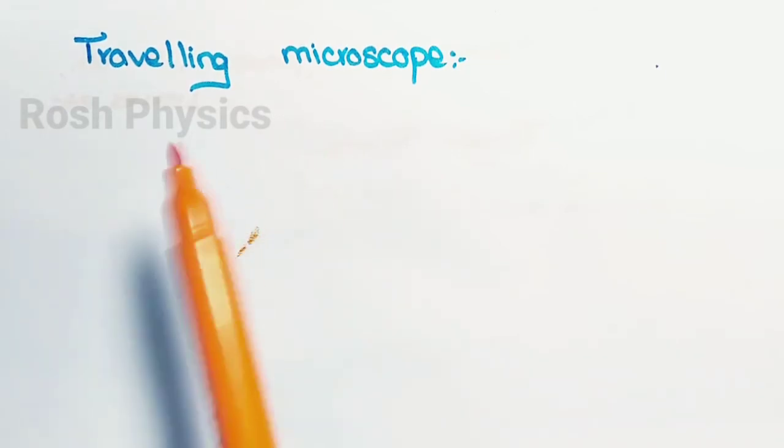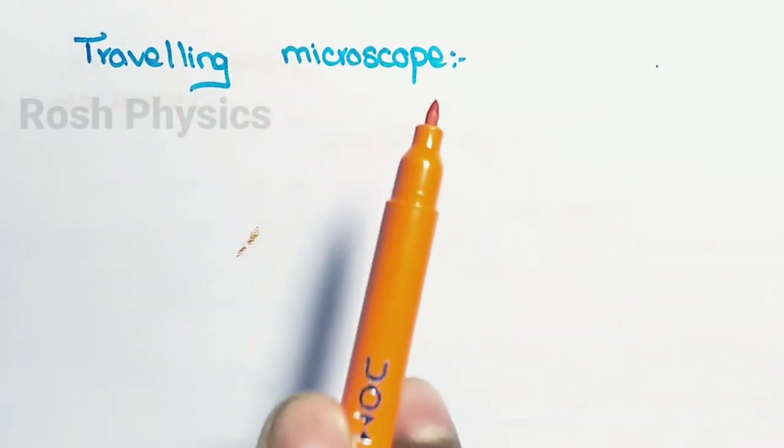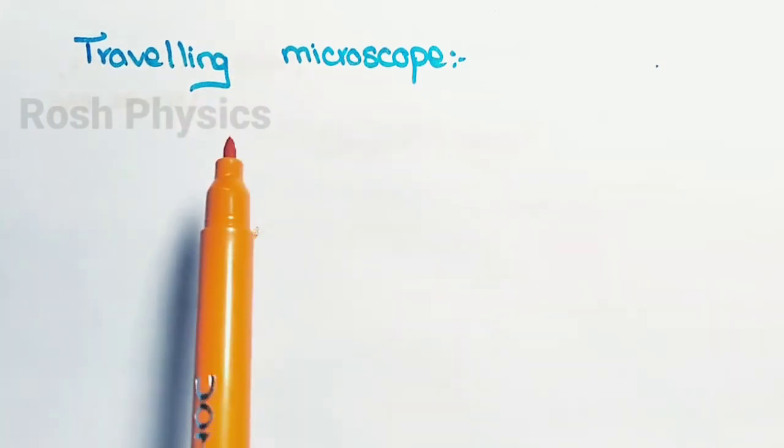Besides these two microscopes, there is another type of microscope, the traveling microscope. The traveling microscope is just a compound microscope, but it can move either vertically or horizontally. Due to this moving property, it is also called a moving microscope or traveling microscope.